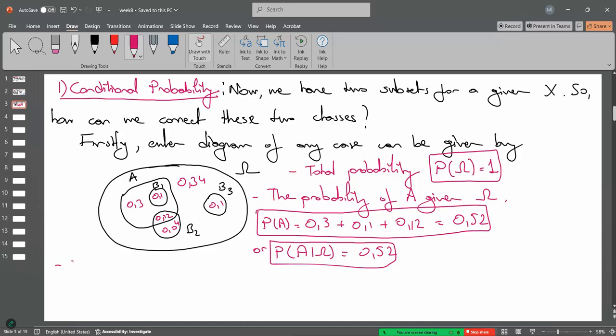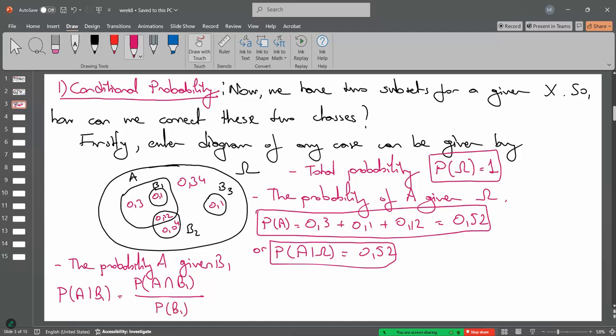For example, the probability of A given B1 is equal to P(A intersection B1) divided by P(B1).